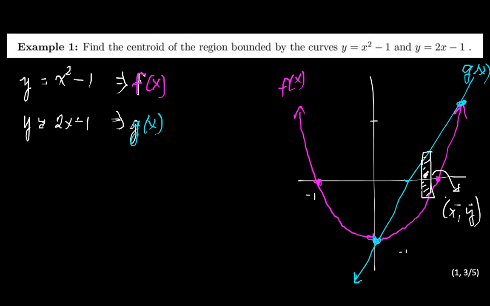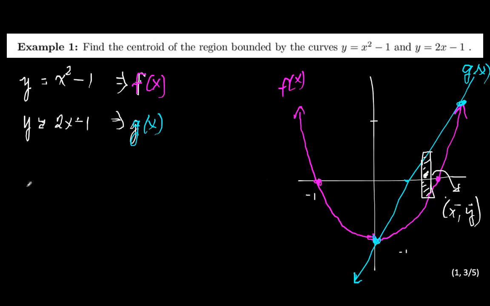Okay, so we want to get the exact area and centroid. So what we need to do is to make an infinite number of rectangular representatives of the areas and the centroid here.